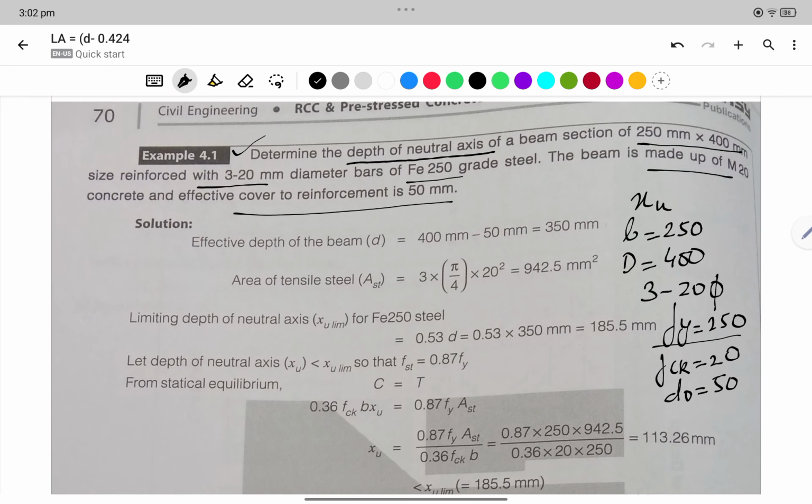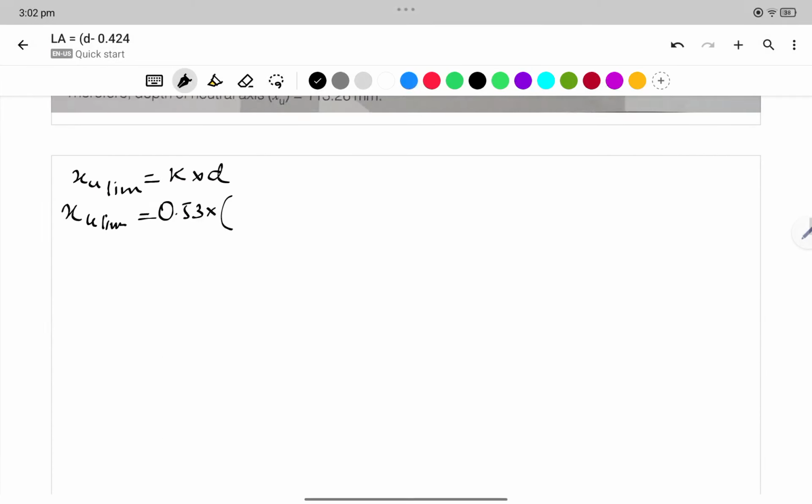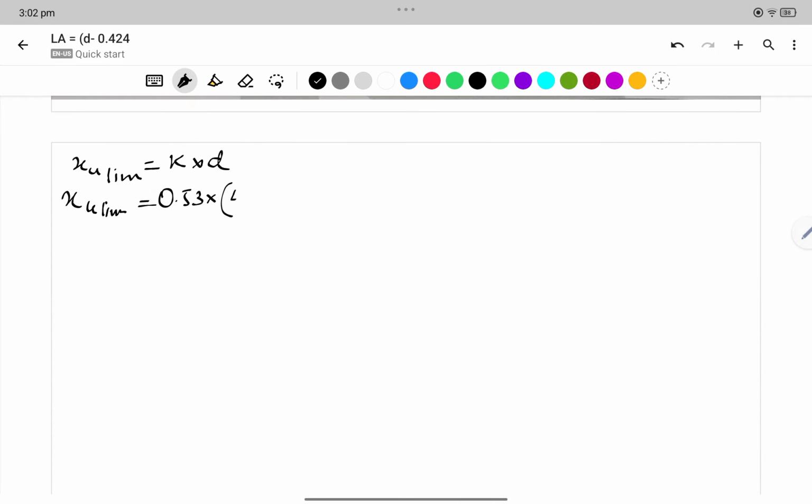D is, see, the capital D is 400 and the cover is 50. So 400 minus 50. So 0.53 into 350. You calculate it with me.